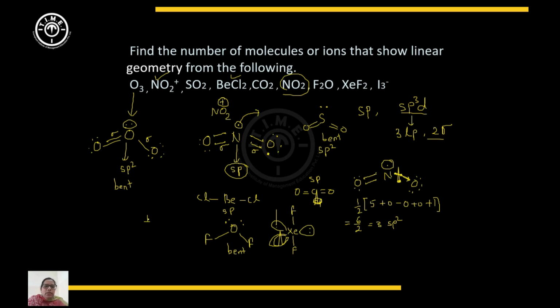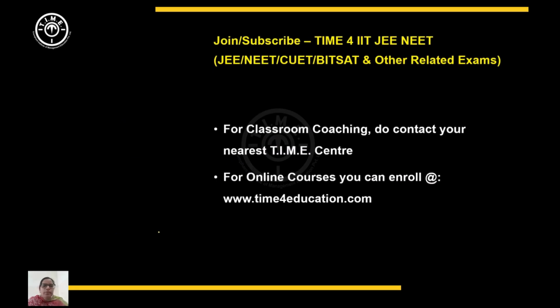And I3- is also having the linear geometry. And it is having 2 sigma bonds and 3 lone pairs of electrons, so it is a linear geometry. I hope you understood the concept of hybridization, and thank you.